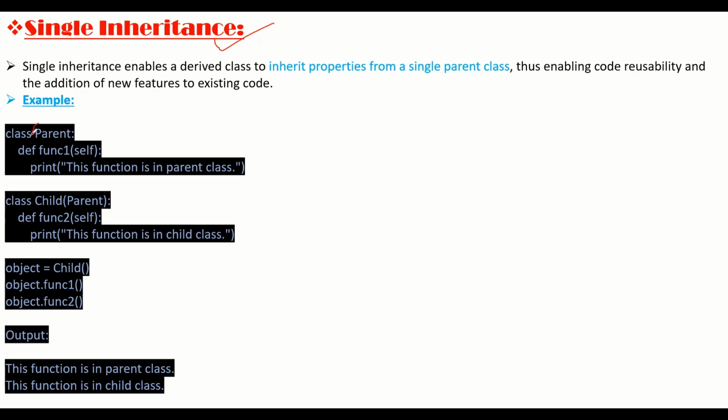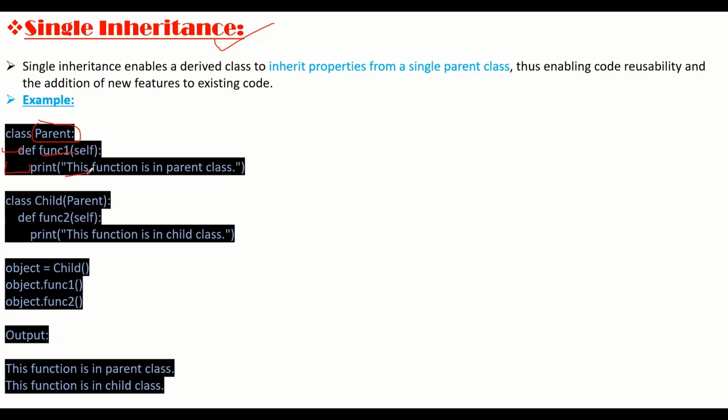For example, this is parent class, and then use define function. This is def keyword, and this is our function name, and here 4-line indentation, and here also 8-line indentation.